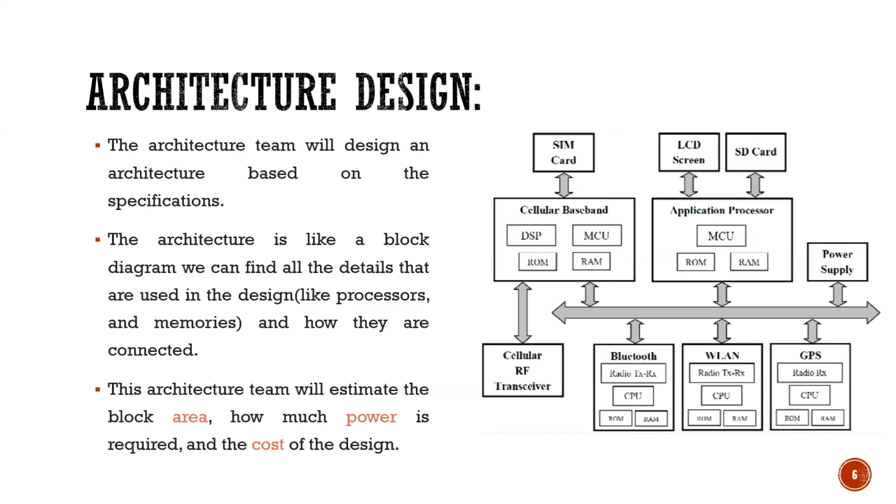So, concentrating on architectural design. Once you find what the various design specifications are that are going to be involved in your product, the next step is the construction of the block diagram. The block diagram represents the architectural design. In this architectural design, you could see a block diagram of a mobile phone, a smartphone device, which has a number of components involved.